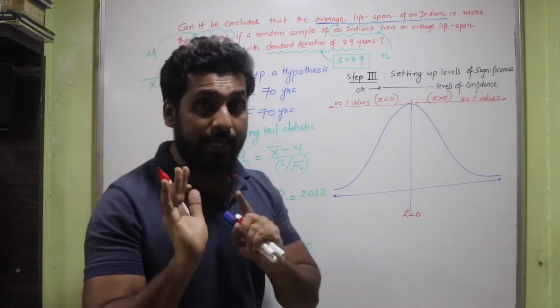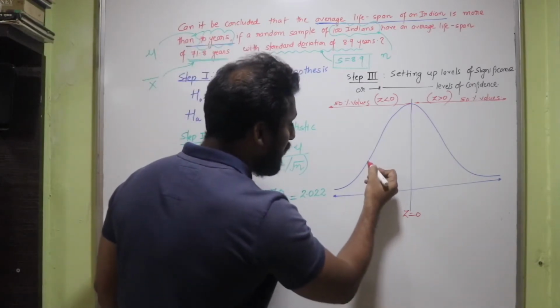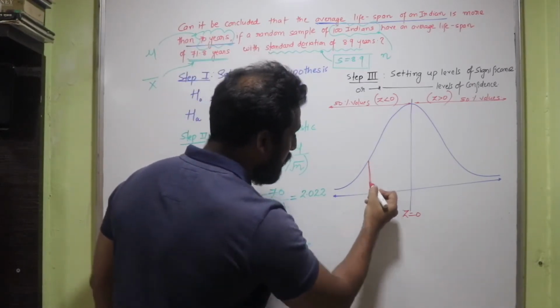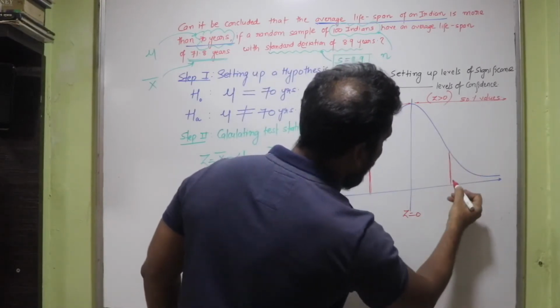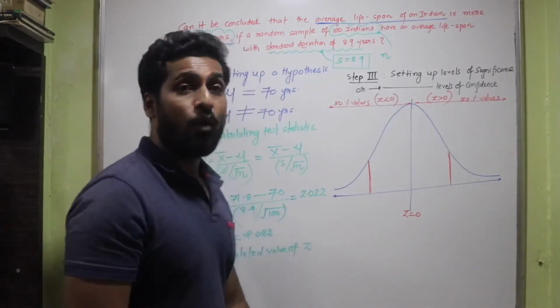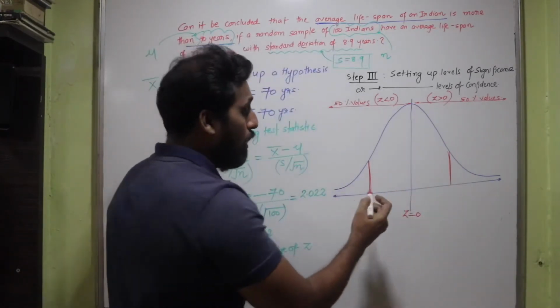So if I take 10% level of significance, that means 90% of the values will lie within the confidence interval. I've drawn 2 lines over here.